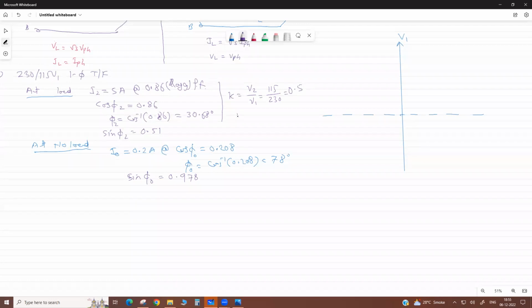Now you know for practical, I2 dash by I2 equals K, then I2 dash equals K I2. At load condition, this K I2 will be 5 into 0.5, correct? So this I2 dash becomes 2.5.